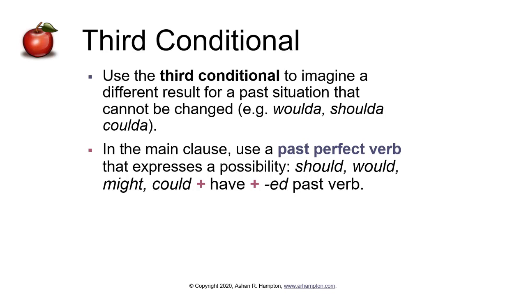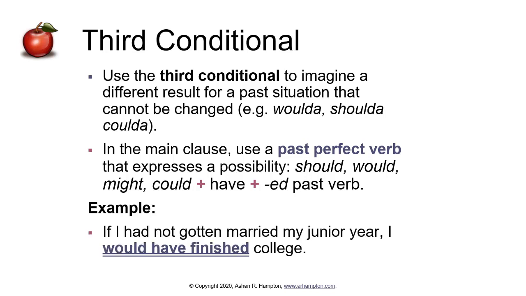Then you're going to add have. Then you're going to add the ed past tense of a verb. Let's take a look at an example. If I had not gotten married my junior year, I would have finished college. Would have finished is the past perfect. It starts with the modal would, then you add have, then you add the past tense ed form of the verb finished. That is what we mean by the past perfect verb tense that expresses a possibility.